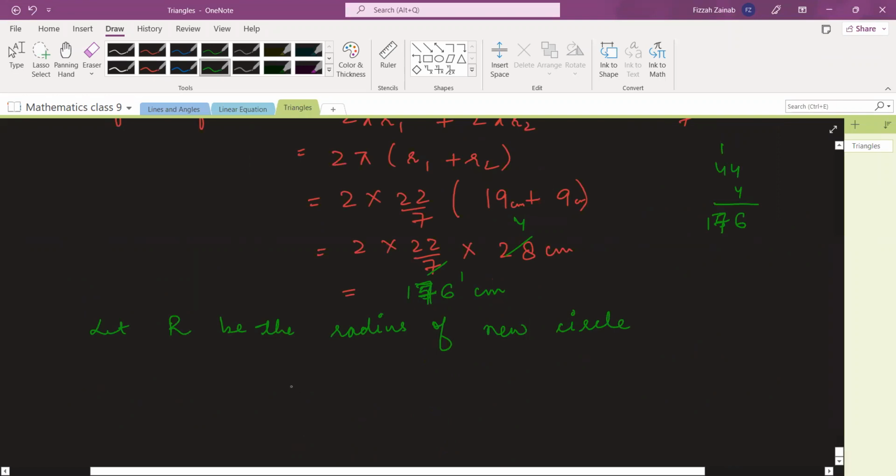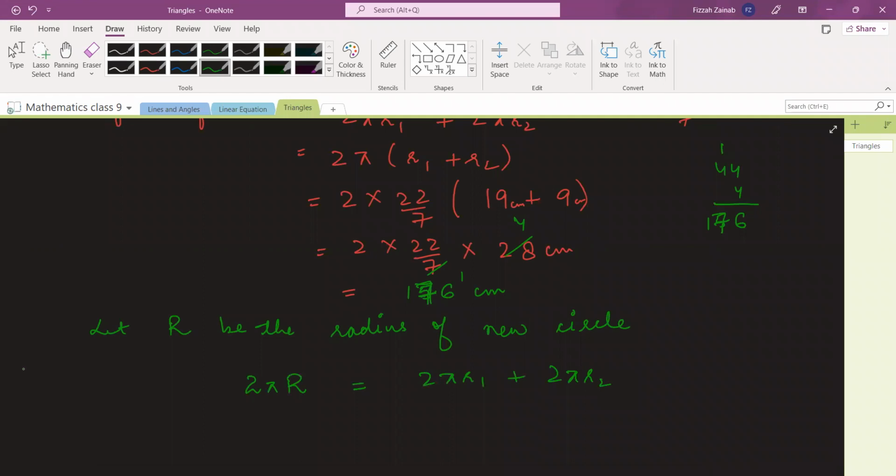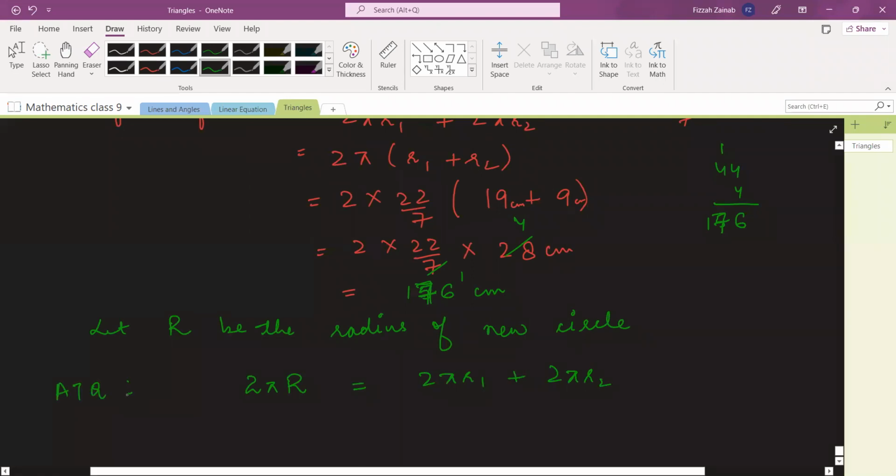That means the circumference of this new circle is equal to sum of the circumference of the previous circles, correct? According to question. Understood? Right. So 2 pi into r, and this we have already found. This is 176 centimeter. Is that clear?